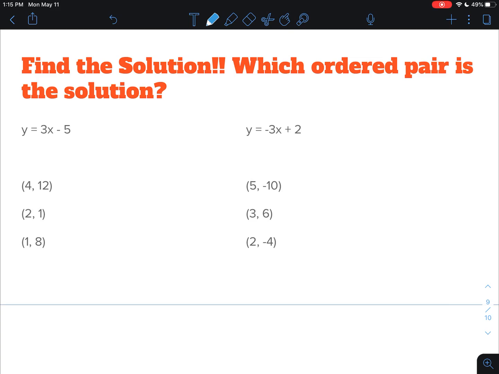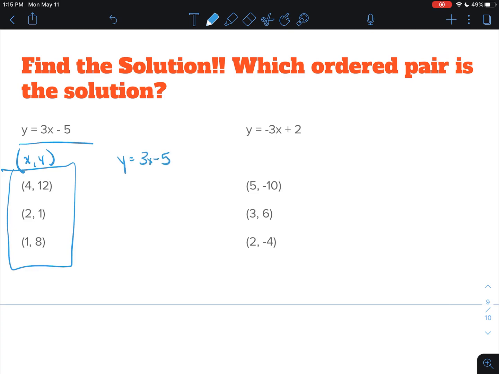So just to show you what you're going to be doing on the formative today, I made it multiple choice to try to make it easy for you. What you're doing is trying to pick which ordered pair is the solution. I give you the equation, and you have to figure out which ordered pair out of these three is the solution. So you know that it's (x, y). So just take your x and plug it in.